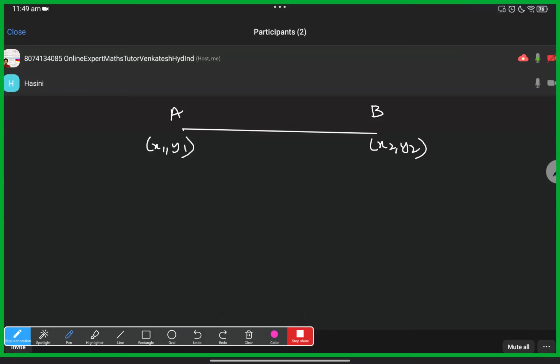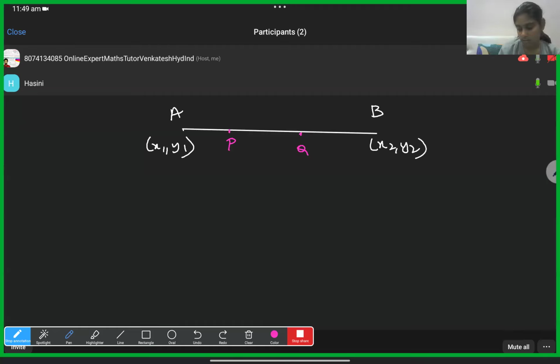This time, suppose I select a point P here, which is closer to A and a little far from B. And if I select one more point Q, this is closer to B but far from A.